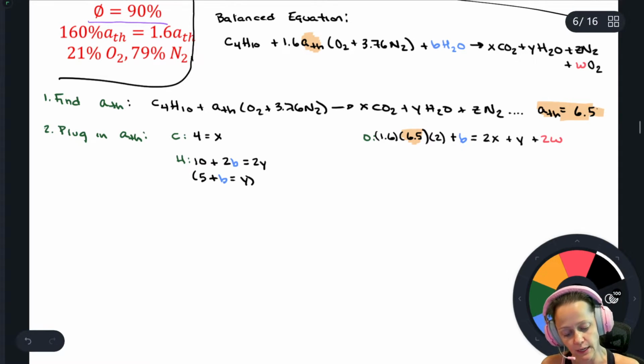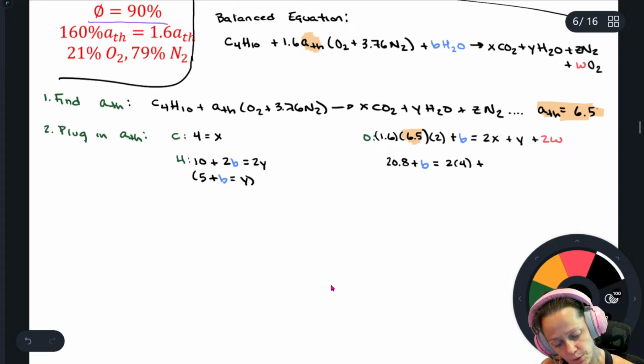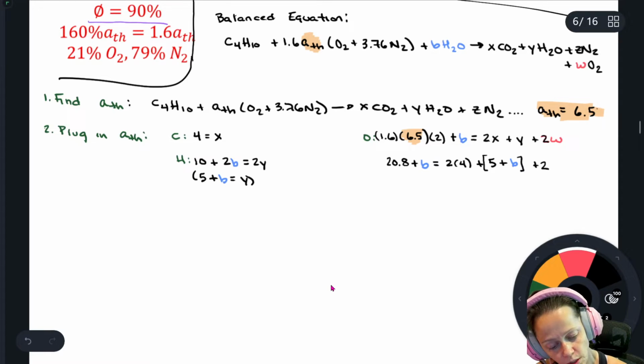So if I do the math for this, 1.6 times 6.5 times 2, that's going to give me 20.8. 20.8 plus B equals 2 times X, which is 4, plus Y, which I'm saying is 5 plus B, plus 2W.